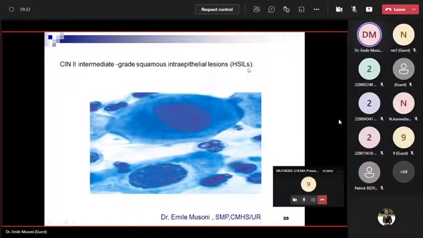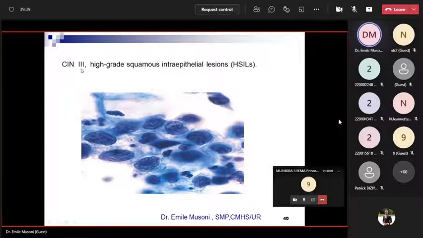You see now the cytoplasm, so the nucleus is increasing compared to the previous one. And this one is CIN3, carcinoma in situ. On the pap smear, you see it is high-grade squamous intraepithelial lesion. You see now you don't see the cytoplasm.